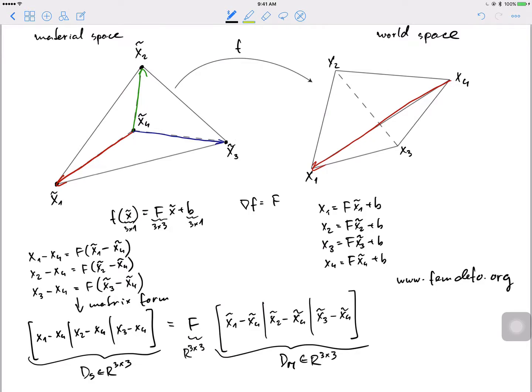It's a very nice SIGGRAPH course by Eftychios Sifakis and Jernej Barbič, where you can find more details about all this stuff. And I'm reusing their notations. So if you are reading this, this all looks familiar. It was a SIGGRAPH 2012 course for finite elements applied to physics-based animation, so for graphics people.